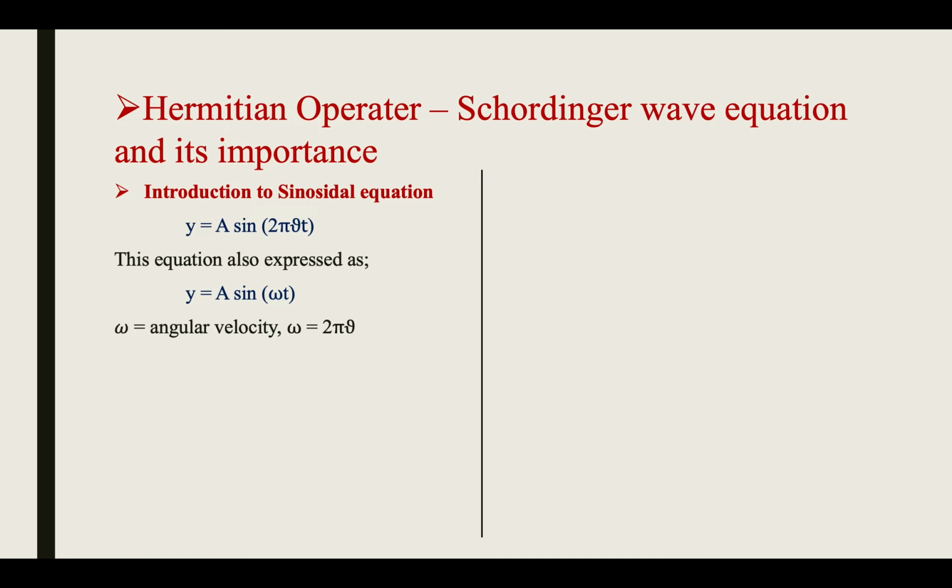Here you can replace 2 pi nu with omega, the angular velocity, where omega equals 2 pi nu.